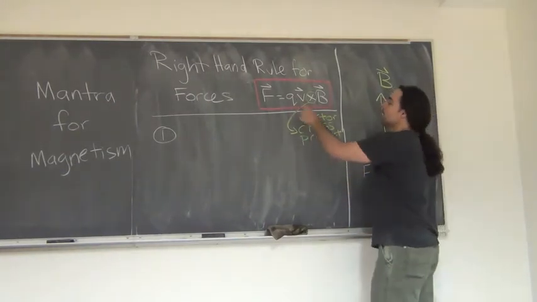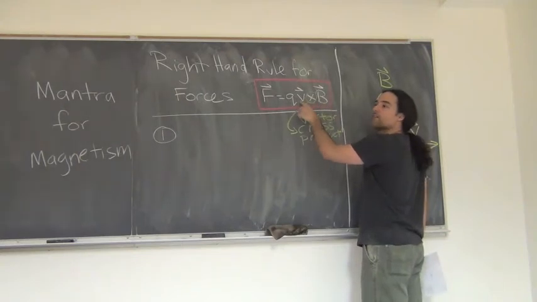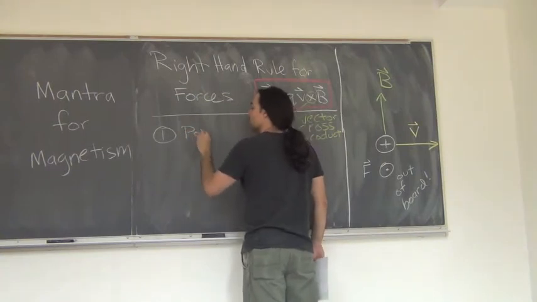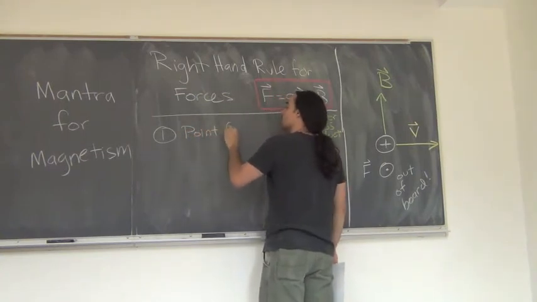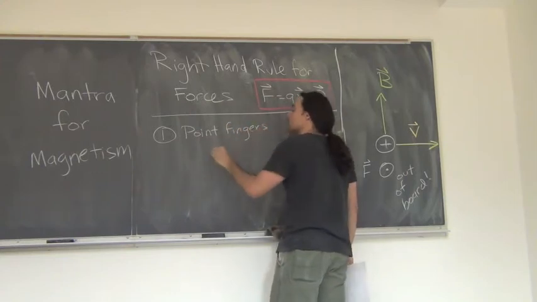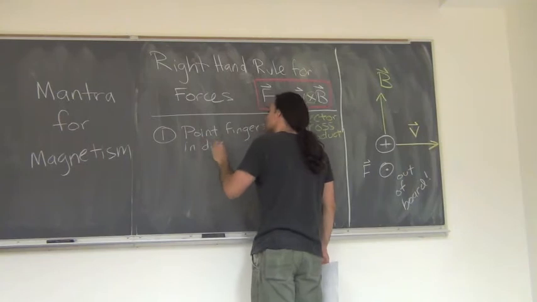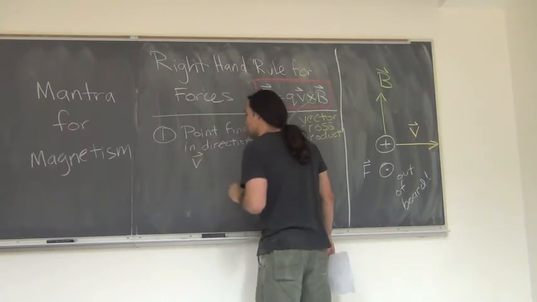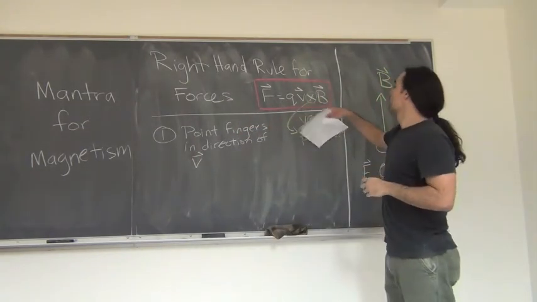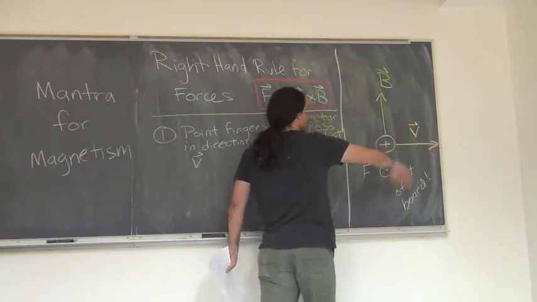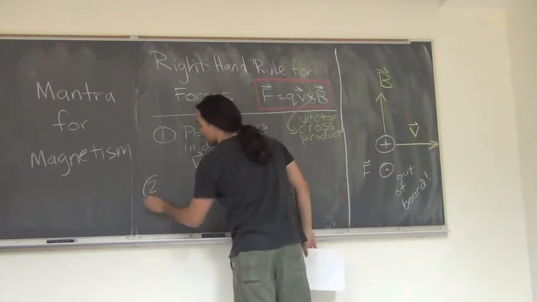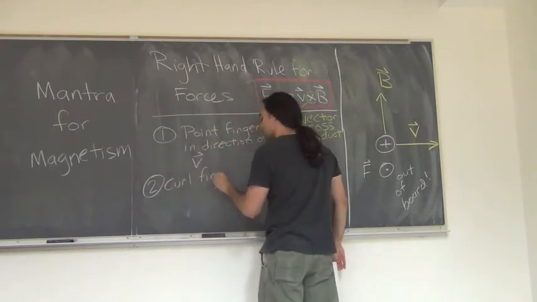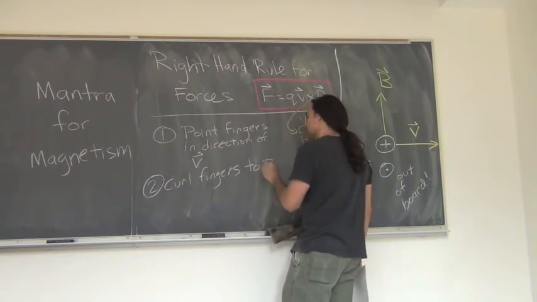Starting off, it's QV cross B. So we want to point our fingers in the direction of V. Point fingers in the direction of V. Next, curl your fingers to B, the magnetic field.